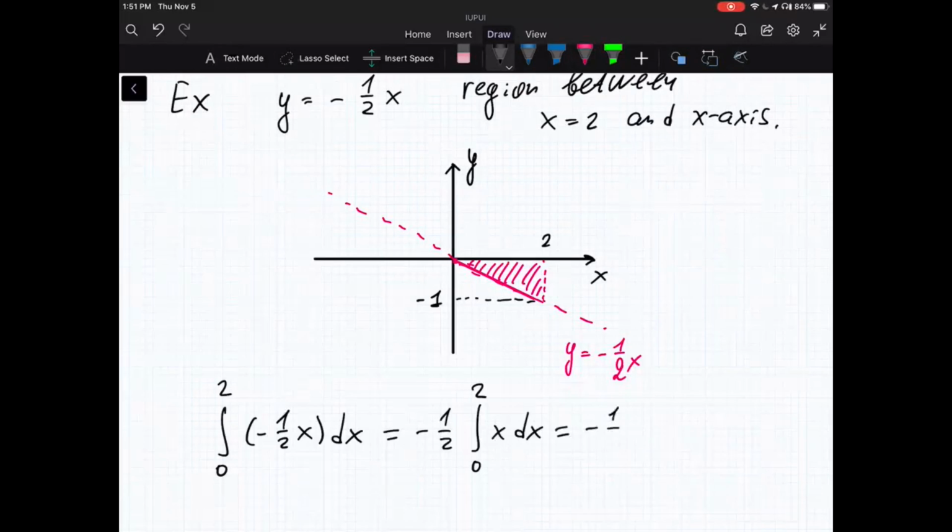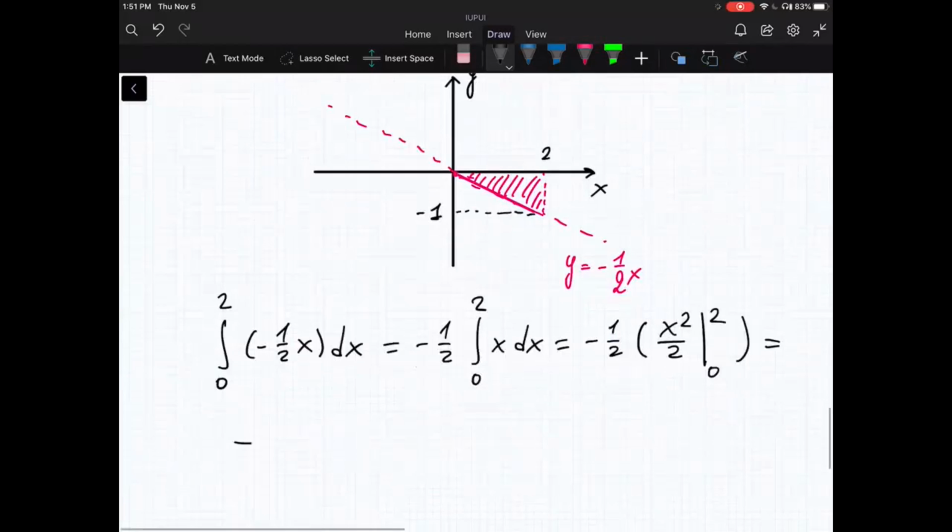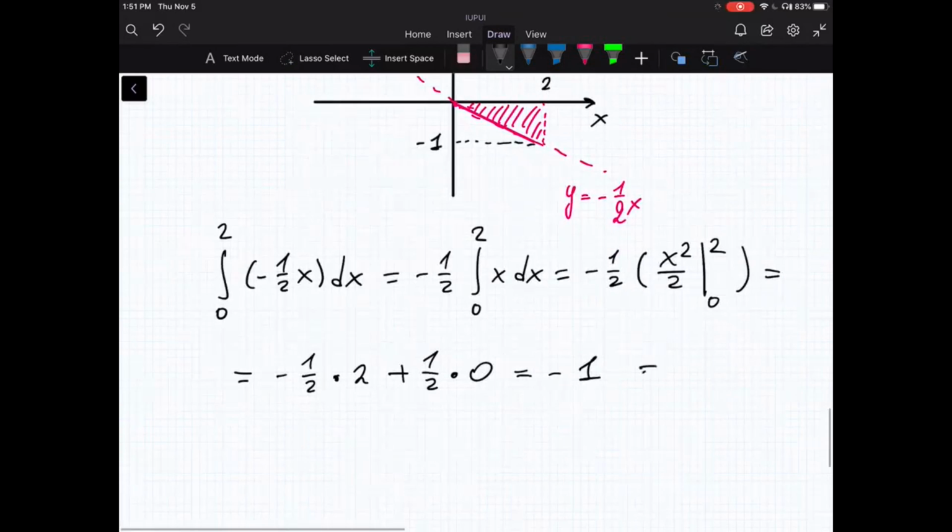And this integral gives me x squared over 2, substituted from 0 to 2. On the upper limit, I'll get minus 1/2 times 4 over 2, which is minus 1, while on the lower limit it's 0. And so it's minus 1.